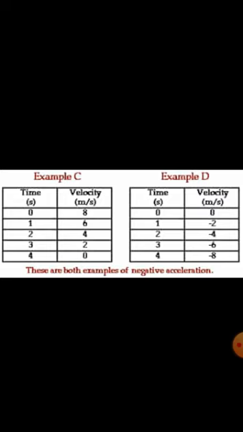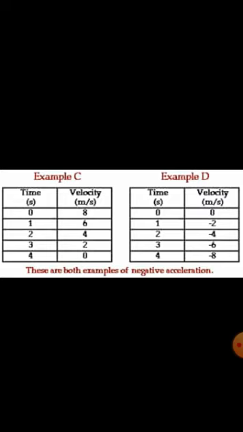If you look at the example C and D, let us first see example C. You can find that the velocity goes on decreasing with time. You can find in the table that the velocity decreases from 8 meter per second to 6 meter per second, then to 4, then to 2 meter per second, and then to 0. It is decreasing.